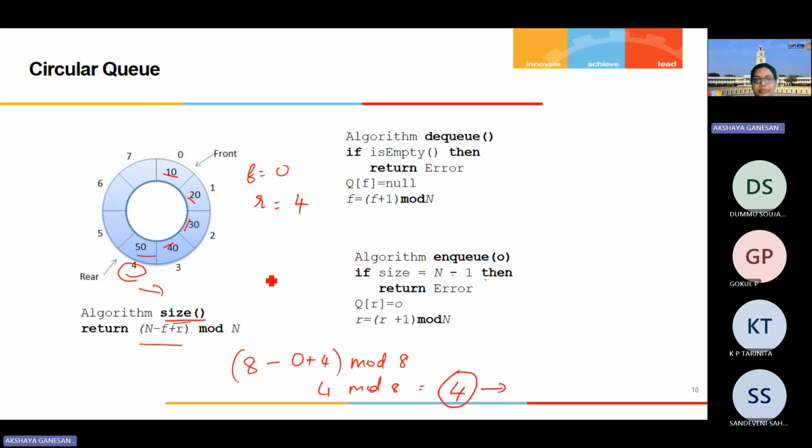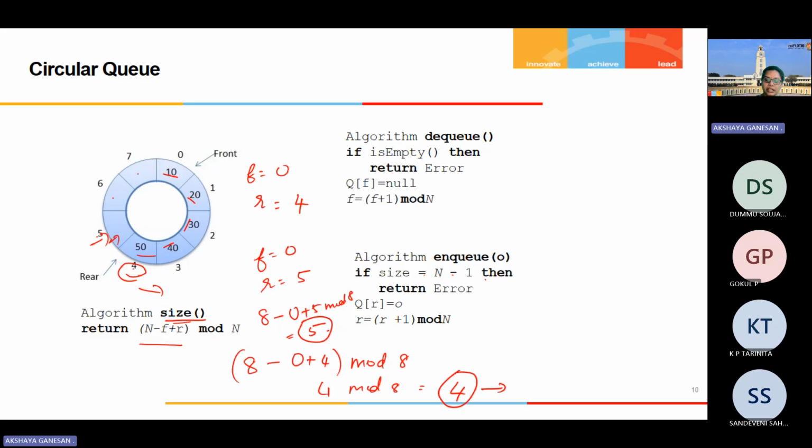So now let's say we add one more element and rear becomes 5. F is equal to 0, R is equal to 5. Now what will happen? It will be 8 minus 0 plus 5, not 8. So this will be 5. So you can still add two more elements. The R will always be in an empty position.